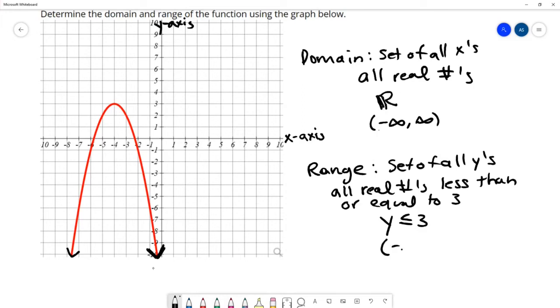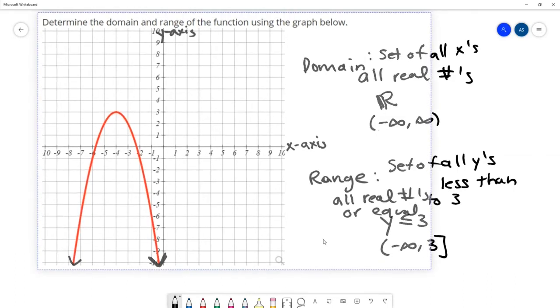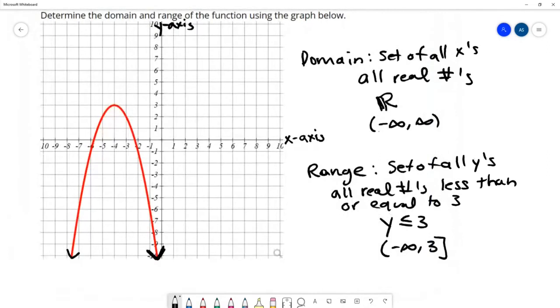That would be negative infinity to 3 with a bracket. The bracket on the 3 indicates that 3 is a part of the set. And our lower bound is negative infinity since it goes on forever. So there we have our domain and range using this graph.